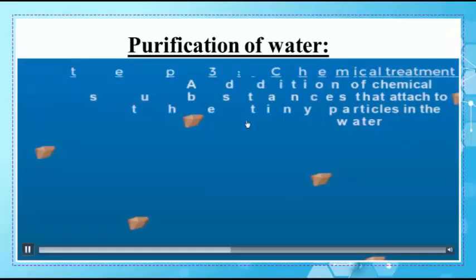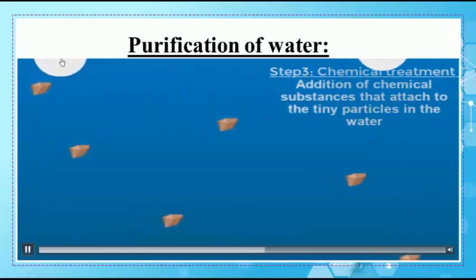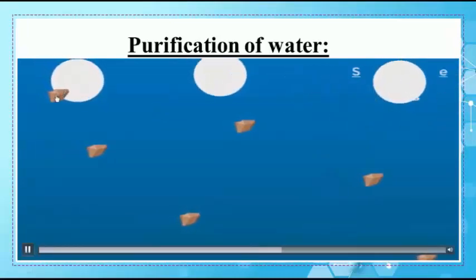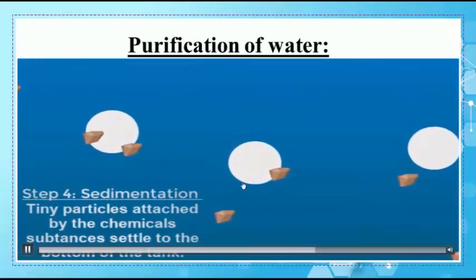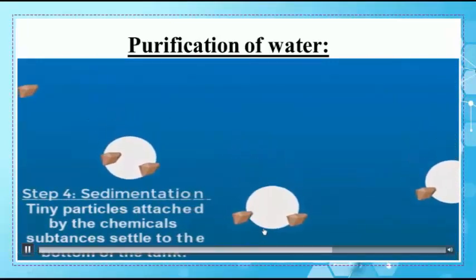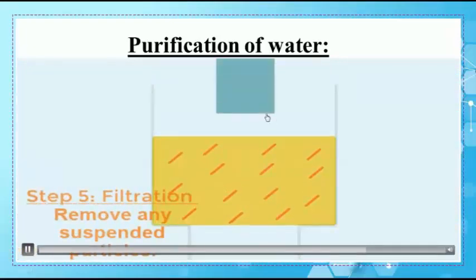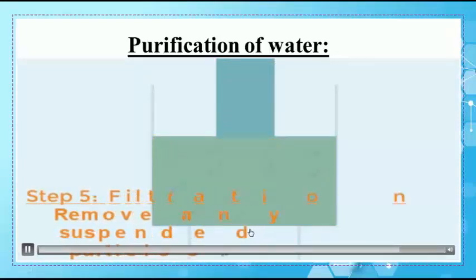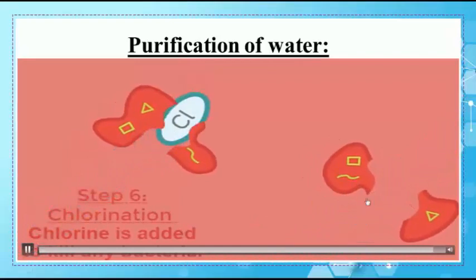In the third step, chemical substances are added that attach to the tiny particles in the water. In the fourth step, sedimentation occurs where tiny particles trapped previously settle to the bottom. Then filtration removes any suspended particle. And finally, chlorine is added to kill any bacteria.